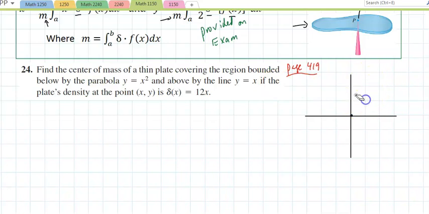I'm going to blow that out of proportion. So 1, 1. That's how the parabola looks, and the line y equal x runs through 1, 1. So we're talking about this region right here.